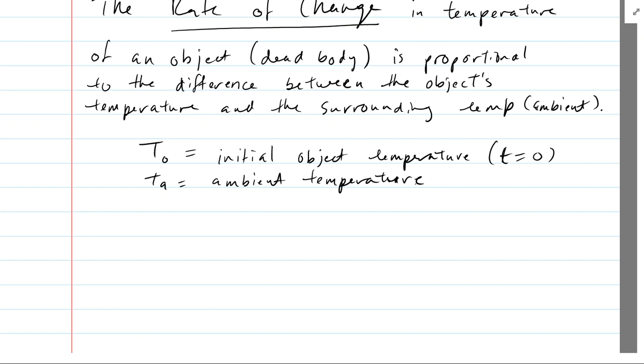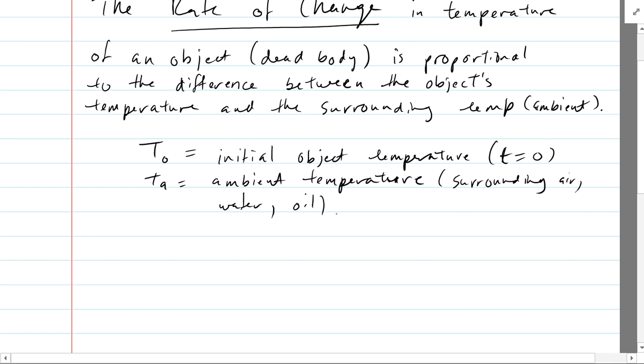They had it much earlier than it actually was. So ambient temperature, that's the surrounding air. Sometimes it's water. Sometimes it's oil. If we boil Tristan in oil, something like that, right? Yeah. So whatever it is.